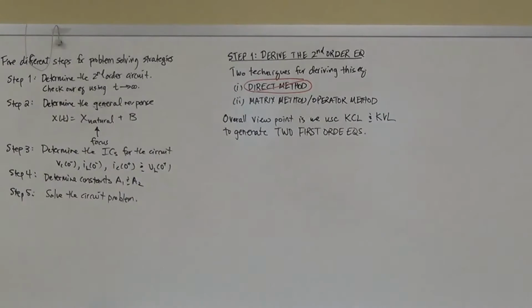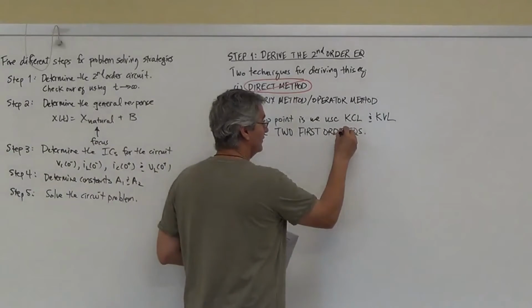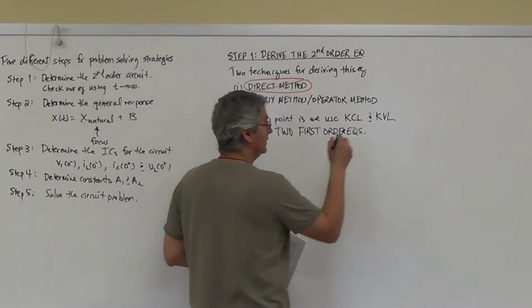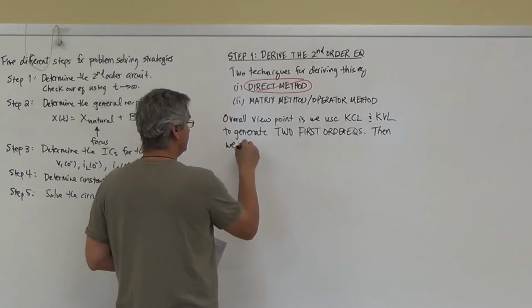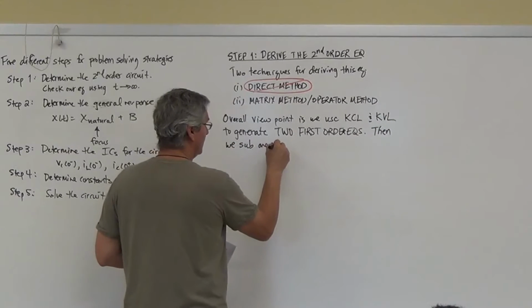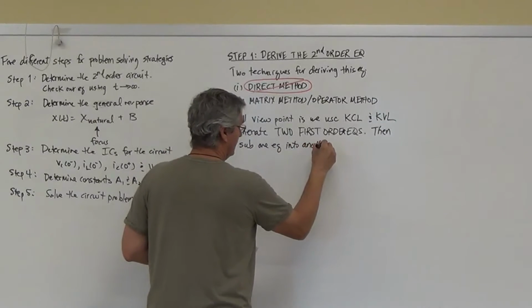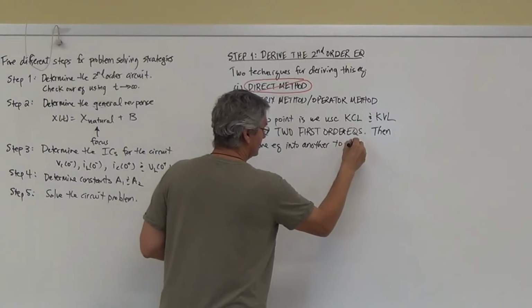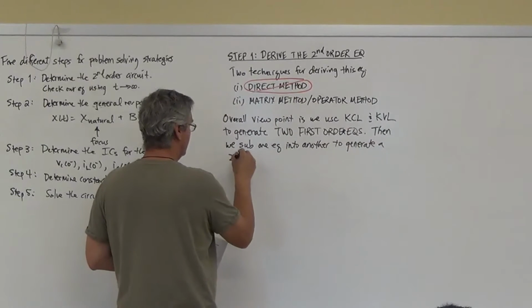That's what we do. When we do this, we then substitute. I see that I've left an R out of here. Then we substitute one equation into another to generate a second order equation.